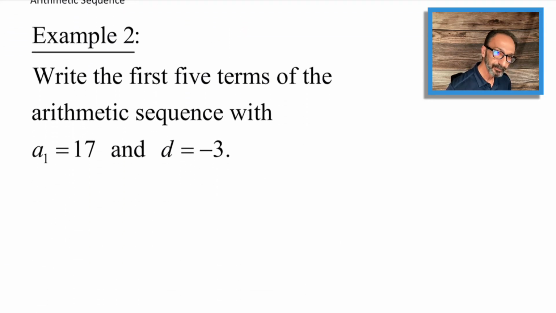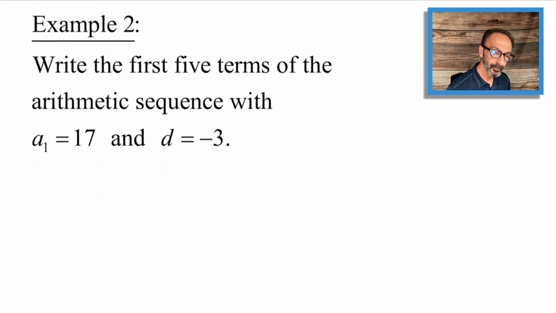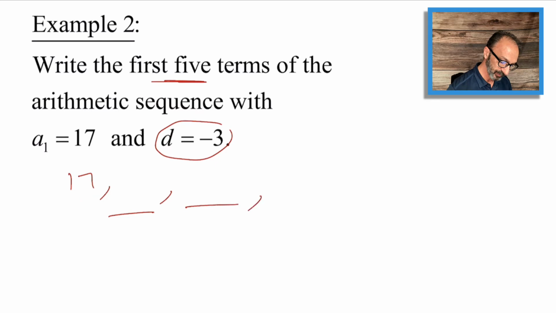Example number 2. Write the first 5 terms of the arithmetic sequence given. Since they called it arithmetic, we do have a common difference, which is given as -3. We're starting with 17, and we need the first 5 terms. So here's the second one, the third one, the fourth one, and the fifth one.